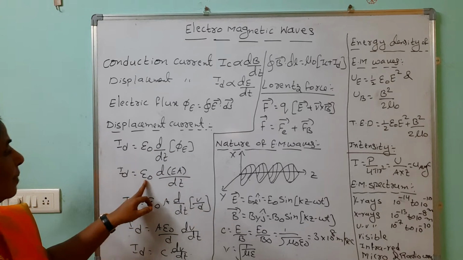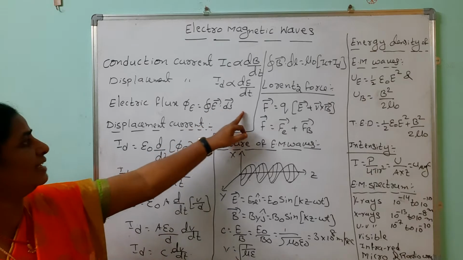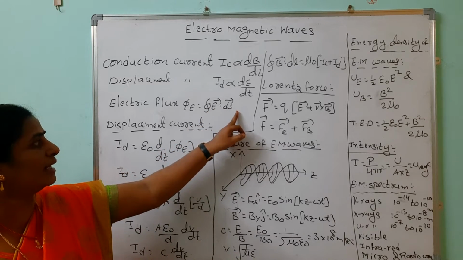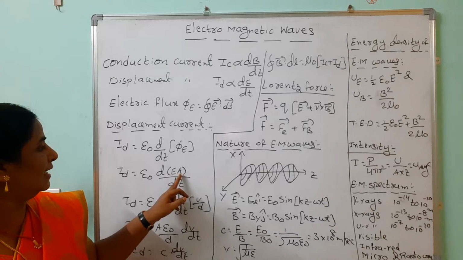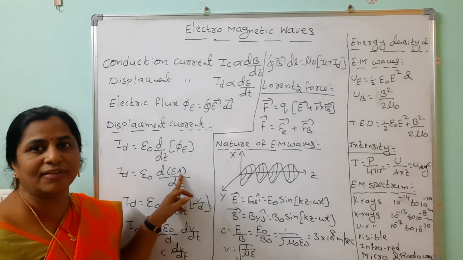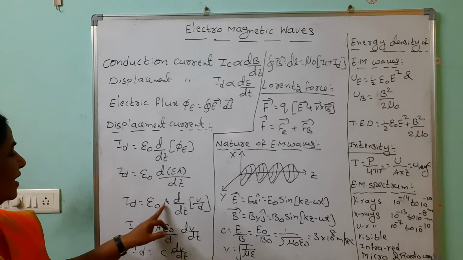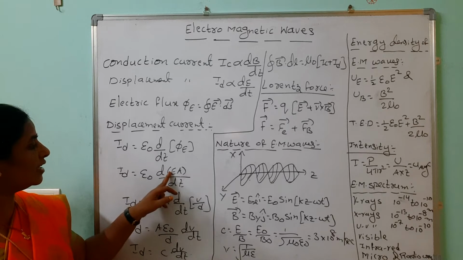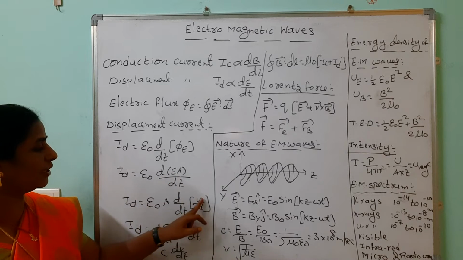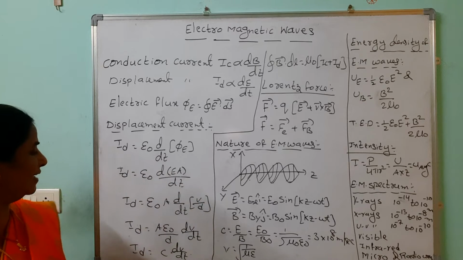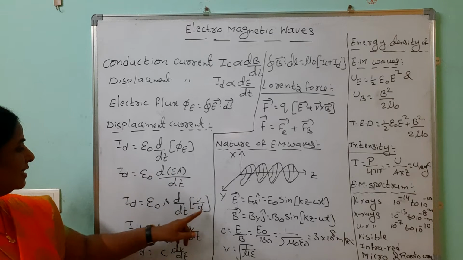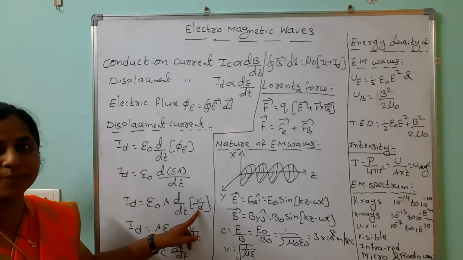When we do the simplification, when theta is 0, instead of E dot dS we write E dS. Instead of dS I have taken the area of that particular surface, divided by dt. Here A is constant, A into epsilon naught. Instead of E we write V by d. Potential by distance is nothing but intensity. Then we take this distance as not changing with respect to time.